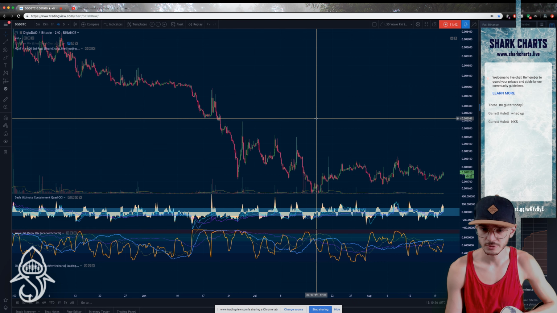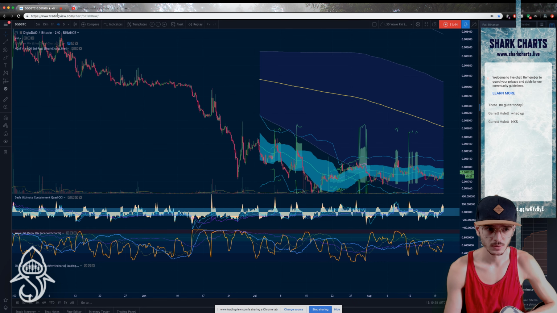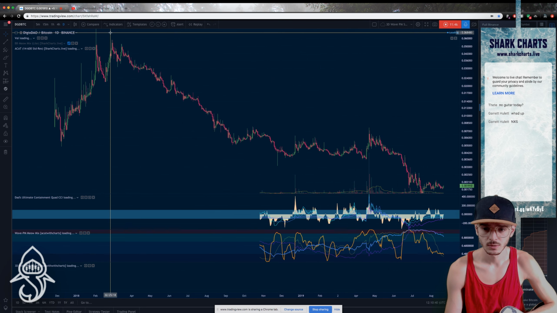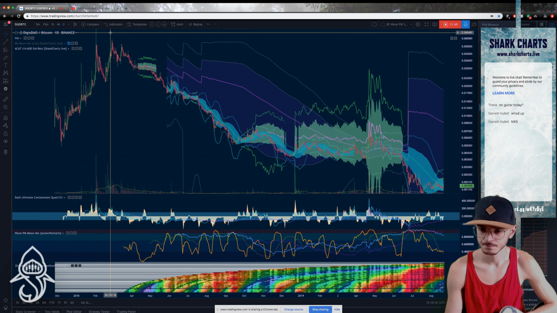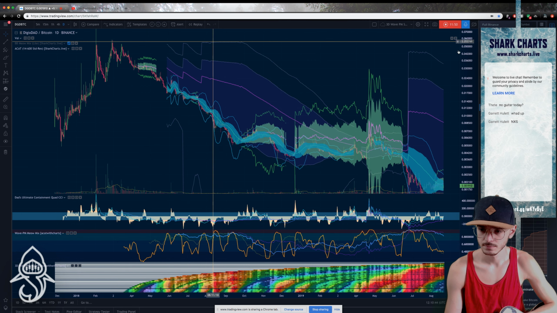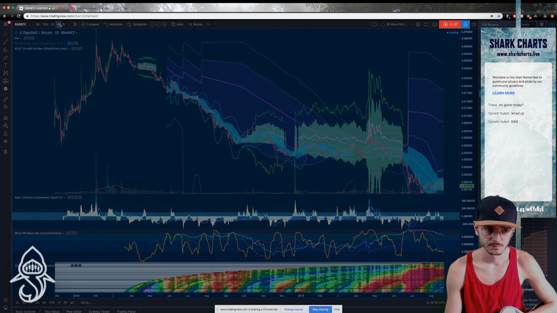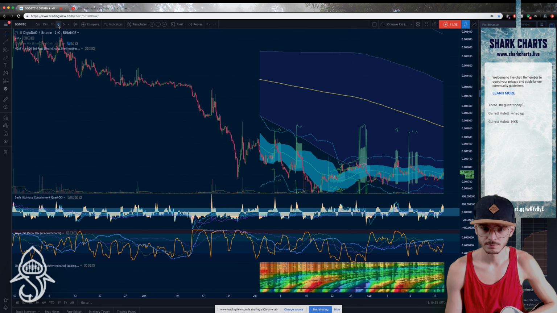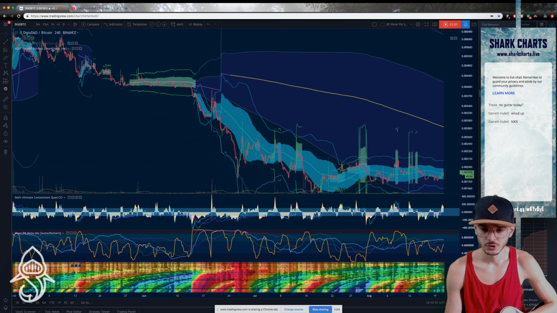And DGD has been compressing super crazy. Short-term implied mean inversion, but we don't have a swing low to find.